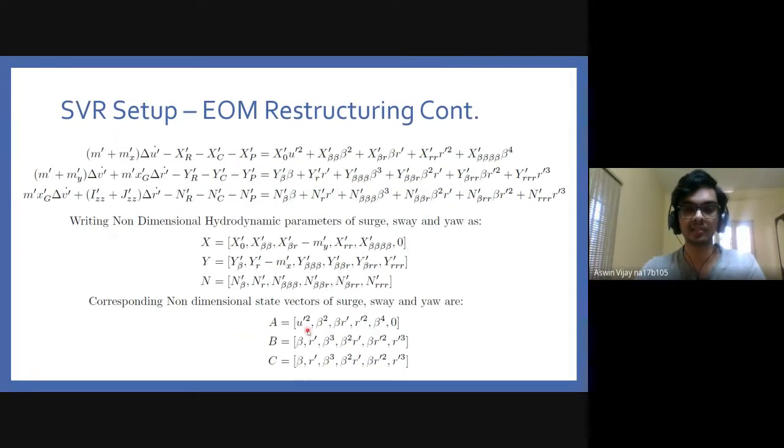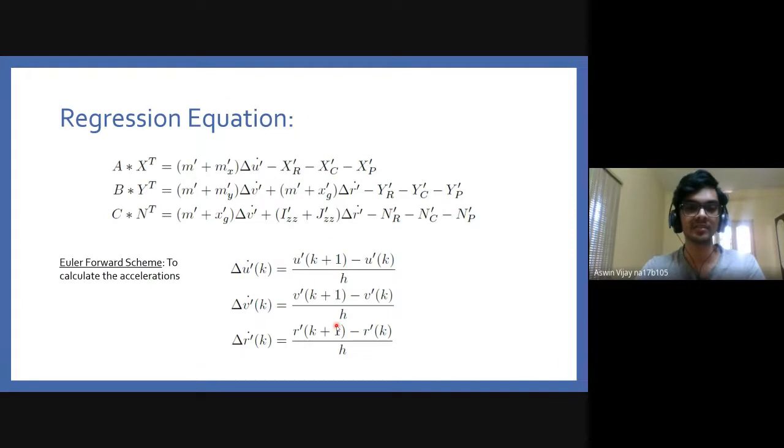As you can see, if I have u, β, r for each time step, I can calculate u square, βr, and so on. Similarly, I have ABC, and on the right-hand side, I'm using the Euler forward scheme to calculate the accelerations because I'm not storing the acceleration. I'll have to calculate it using the time interval by subtracting consecutive terms of the surge, sway, and yaw velocities.